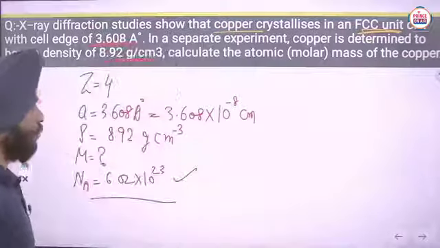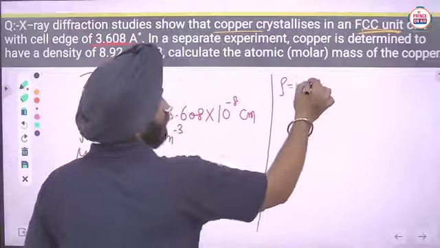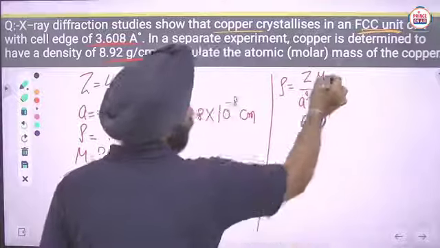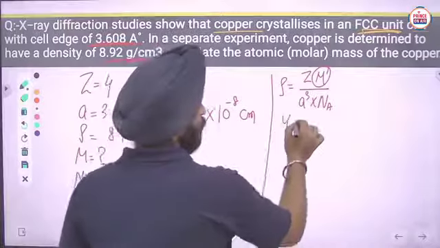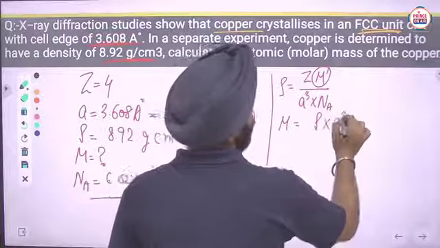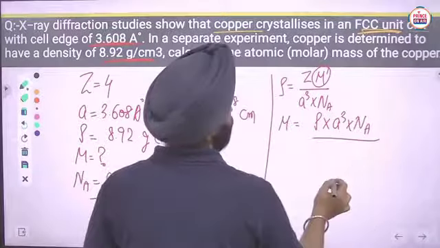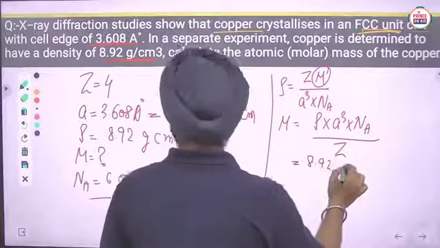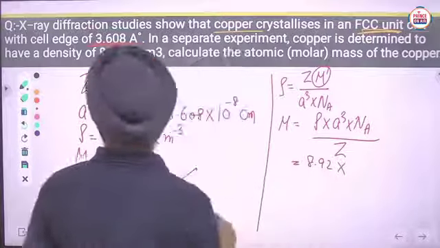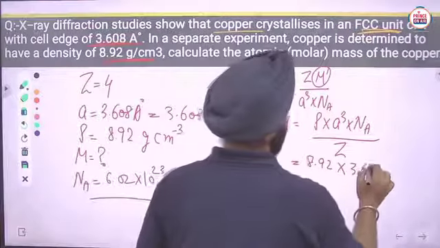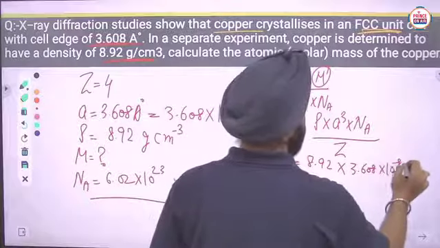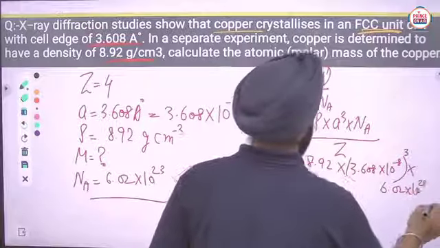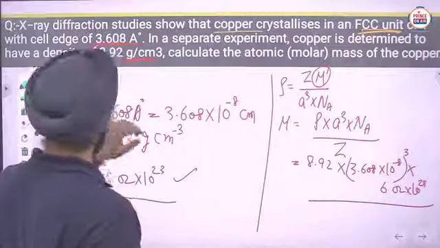So now the formula is density is equal to Z M upon A cube into Na. Now what we have to determine? M. So M will be equal to rho into A cube into Na upon Z. Value of rho is 8.92, into A which is 3.608 into 10 raised to the power minus 8, cubed, into 6.02 into 10 raised to the power 23, upon Z value which is 4.